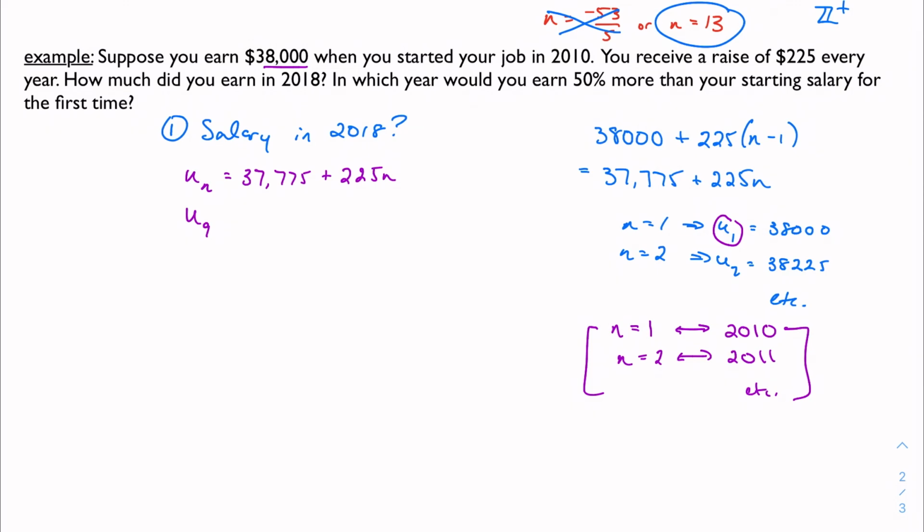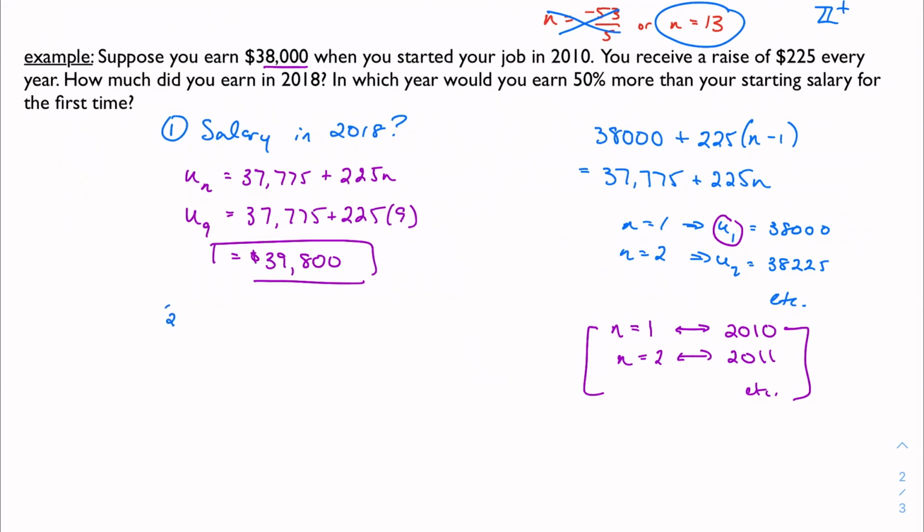Yeah, U sub 9. It's just a matter of plug in and solve. So $39,800. It's a pretty nice steady increase. And there's my salary in 2018.